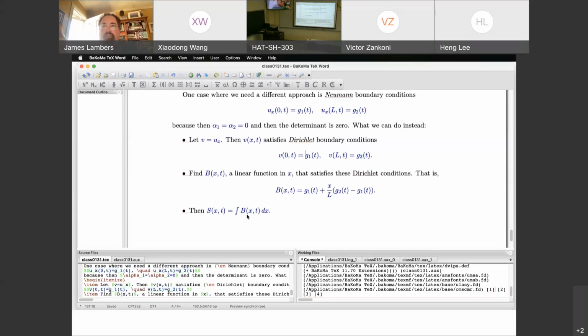So the general procedure I described earlier is only helpful in the case where it's possible to find a linear function that satisfies your boundary conditions. So at least in a case like this, there's a way around that.